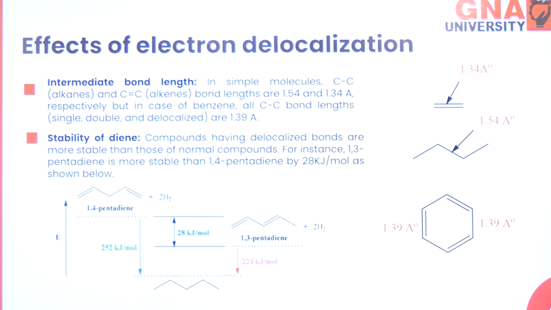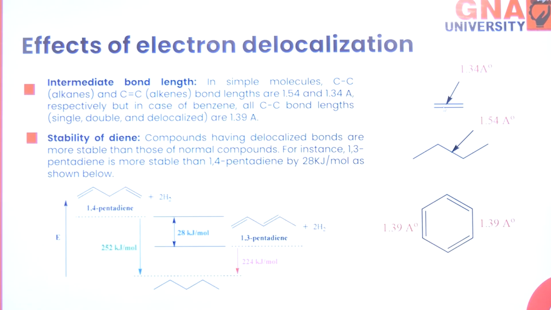When a single bond is present, it is longer, with a bond length of 1.54 angstrom. But double bonds are shorter in length, with a bond length of 1.34 angstrom. This is the case when the bonds are localized.